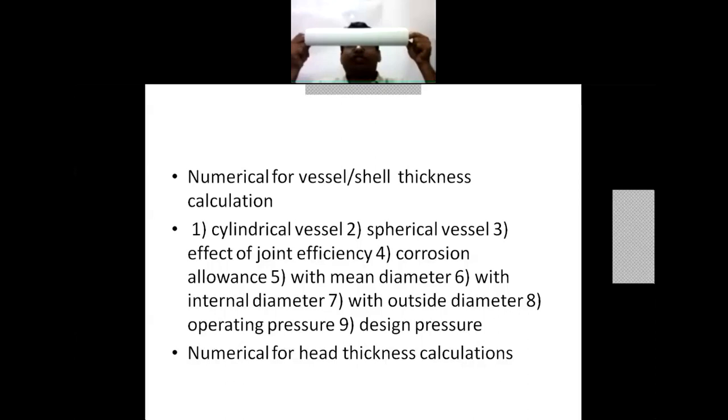Now with the internal pressure, the circumferential stresses will be in this direction. This is the circumferential stress.